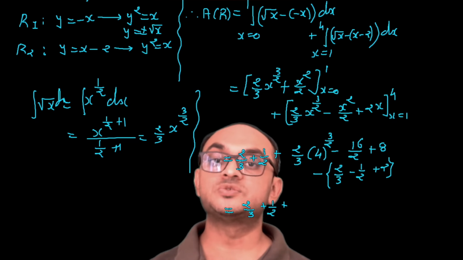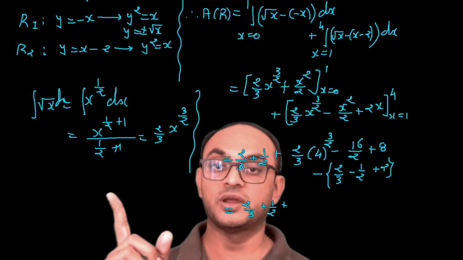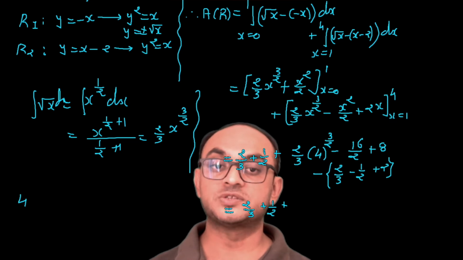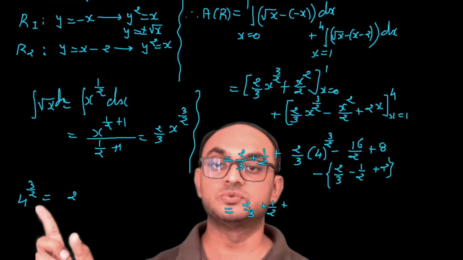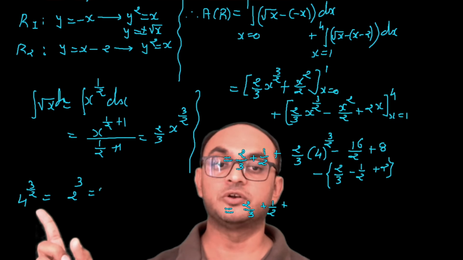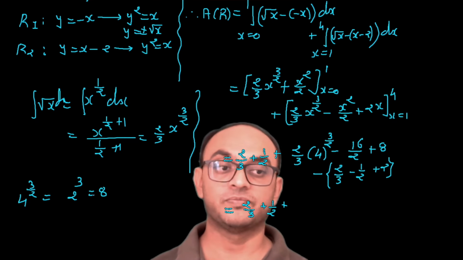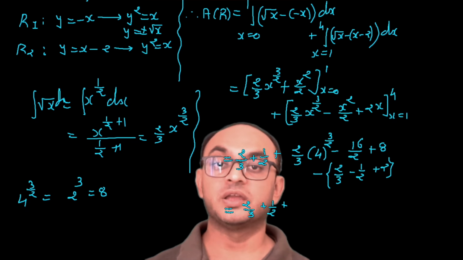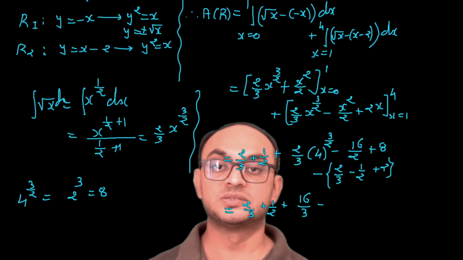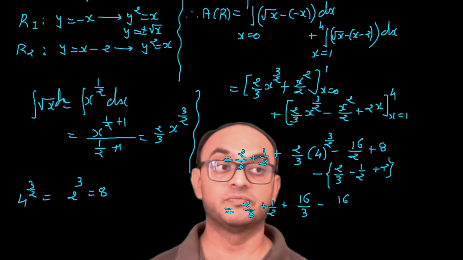What is 4 raised to 3 divided by 2? Look here. First I find the square root of 4. What is the square root of 4? It is 2. So this is 2 cube, and 2 cube is 8. So this is 8 into 2, which is 16, divided by 3, minus 16 divided by 2, which is 8.